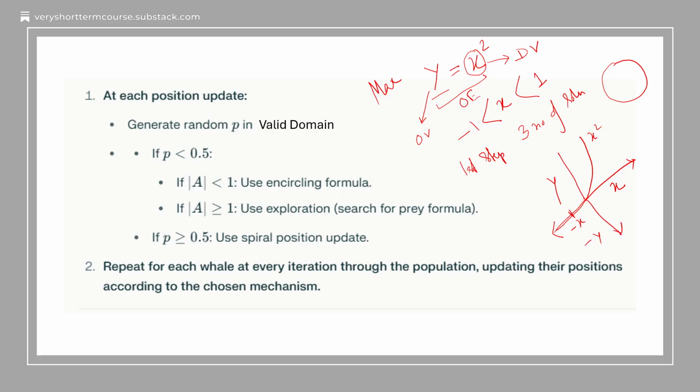So the feasible domain is like this, correct? Let it be -1, and 1. So this is your feasible domain and this is your infeasible domain.